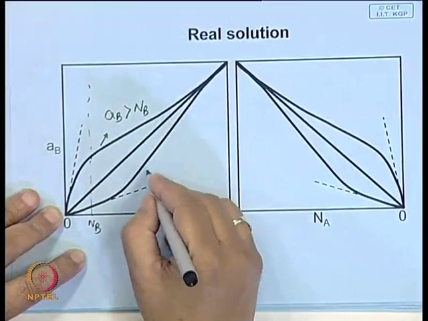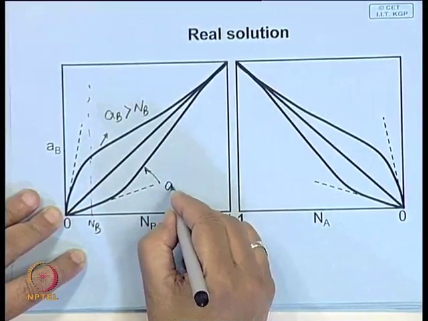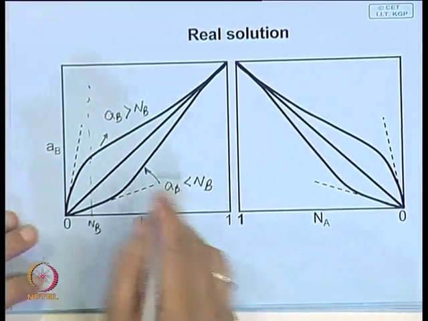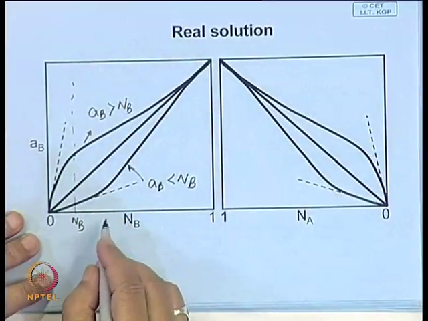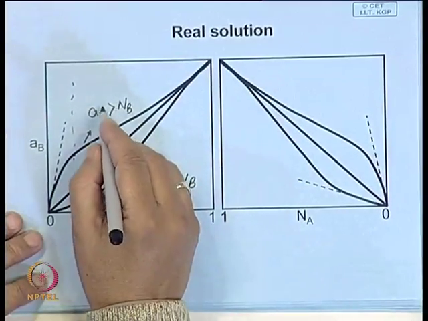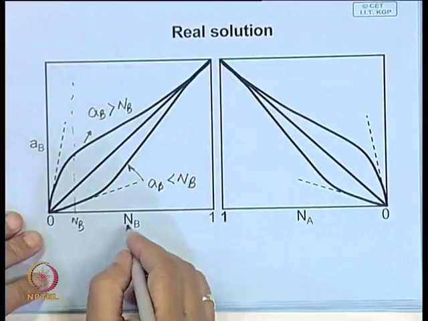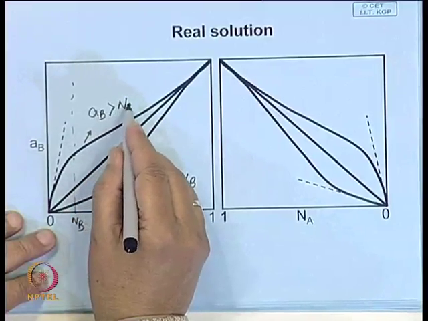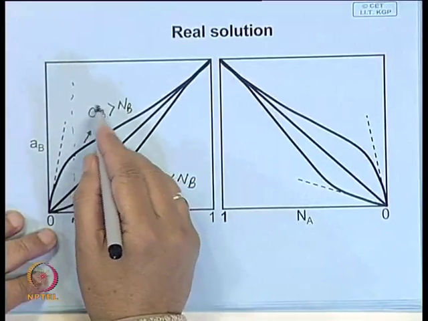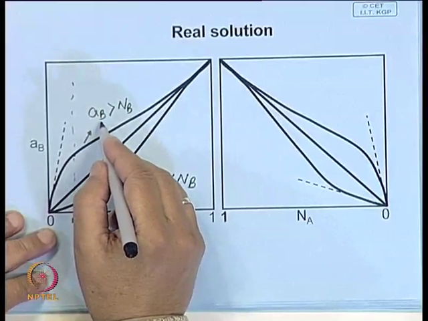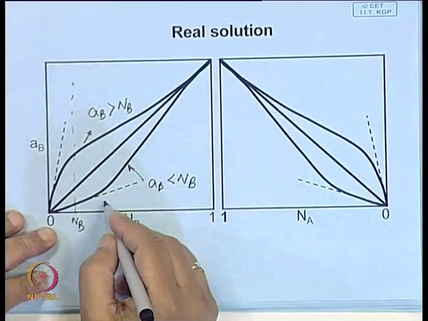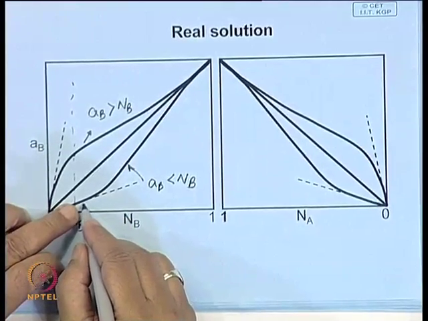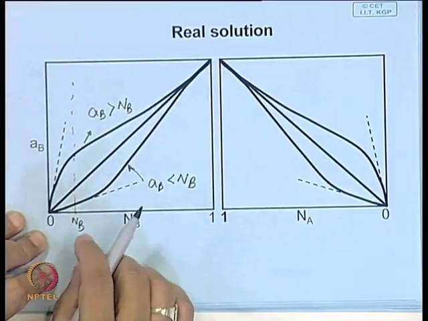Here, in this bottom part, you have activity of B less than N B. Now, activity gives you an approximate composition, or you can say local concentration of B atoms around B. So, if activity of B is greater than N B, that means there are more than the expected number of B atoms around B, whereas here there are less than the expected number of B atoms around B. This is what it means physically.